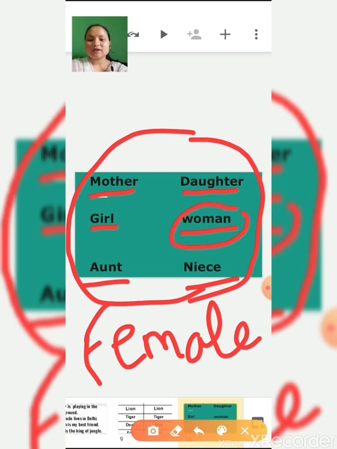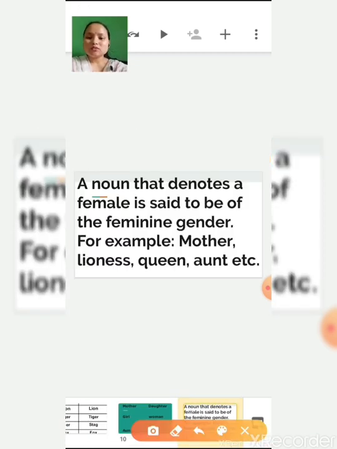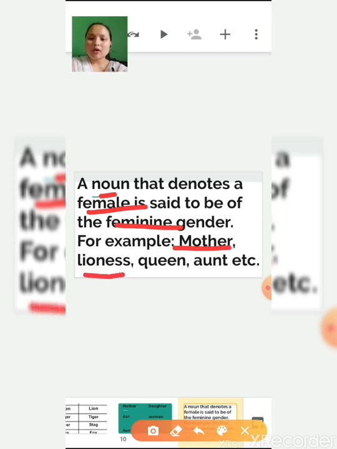You can say women, you can say girl, right? All these words are denoting what? Female. That means a noun that denotes a female is said to be of the feminine gender. For example, mother, lioness, queen, aunt, etc.